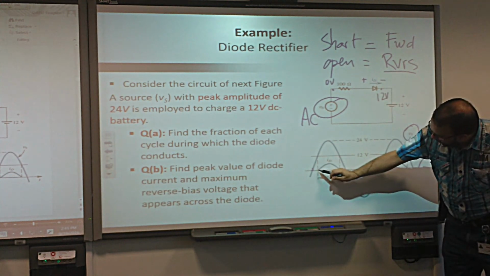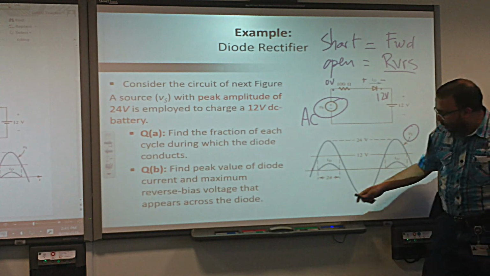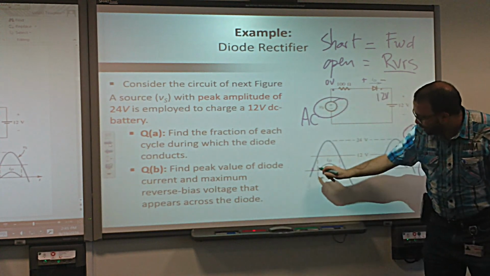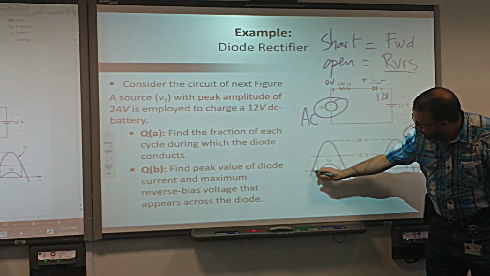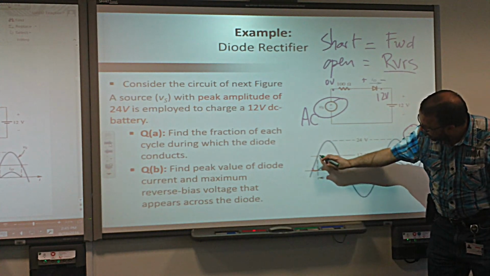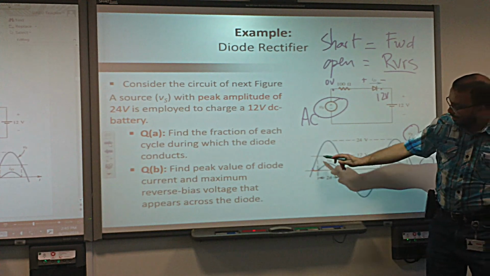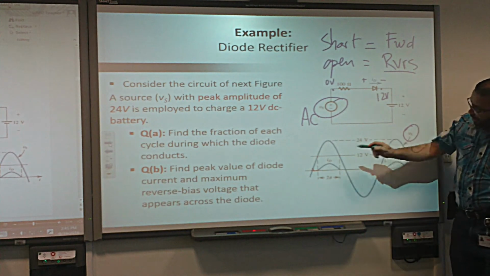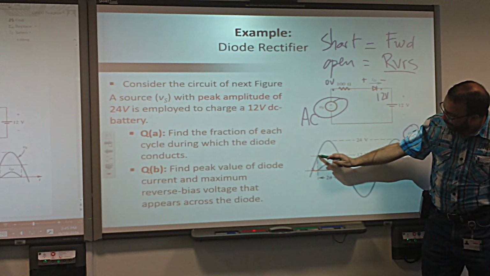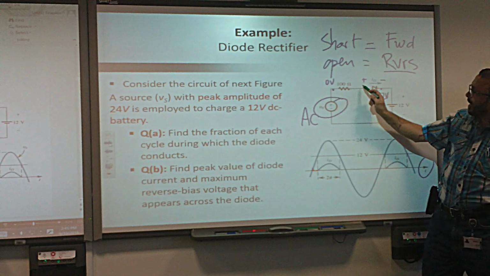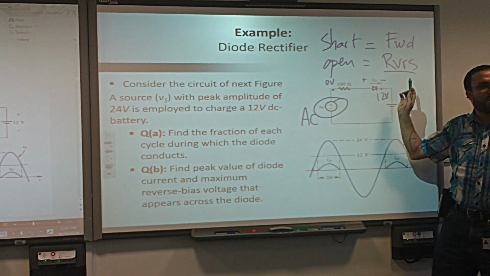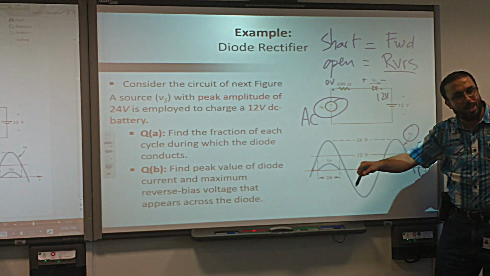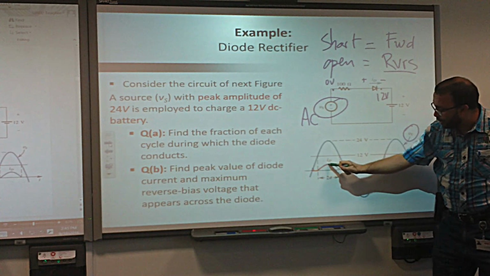So from this point, I will draw the current, because that's the important thing. The current from here until this point is 0. When the voltage becomes above 12, just a little bit, then this will be short circuit and the current will pass.